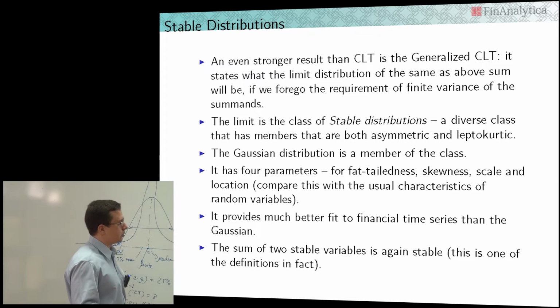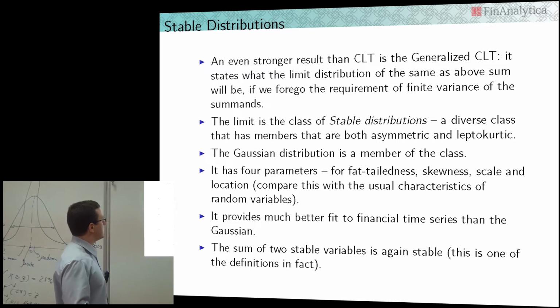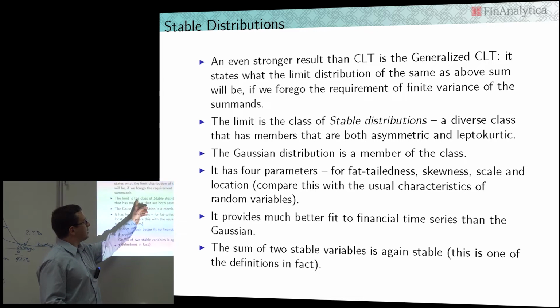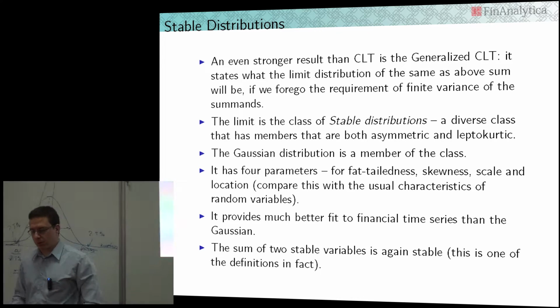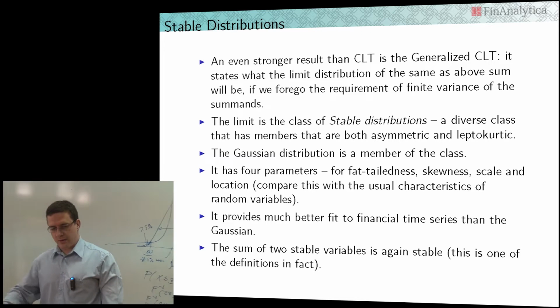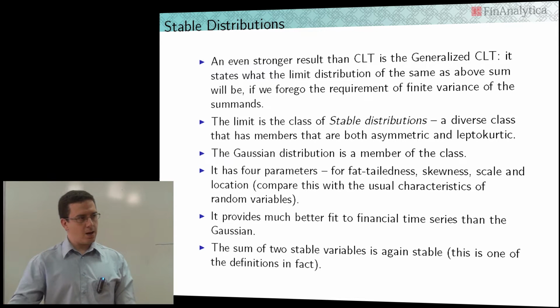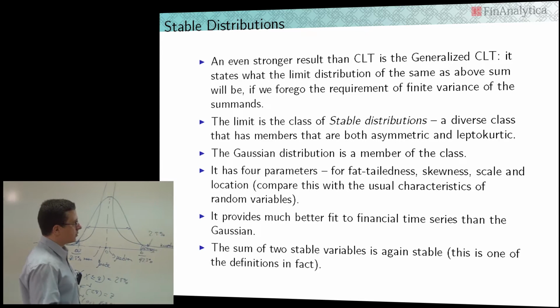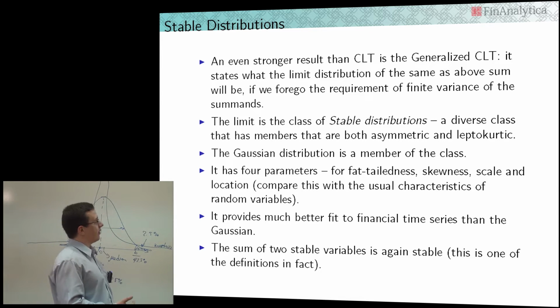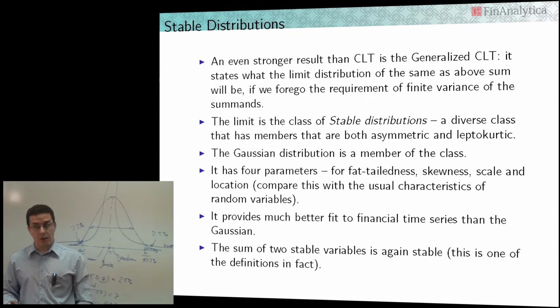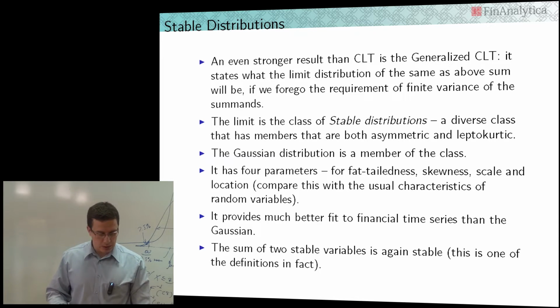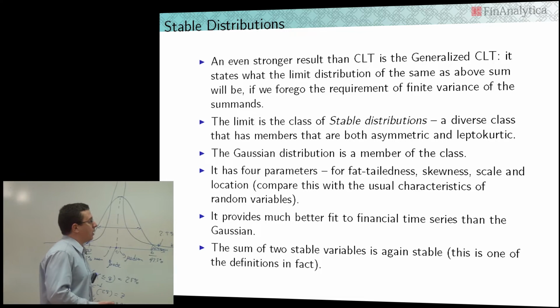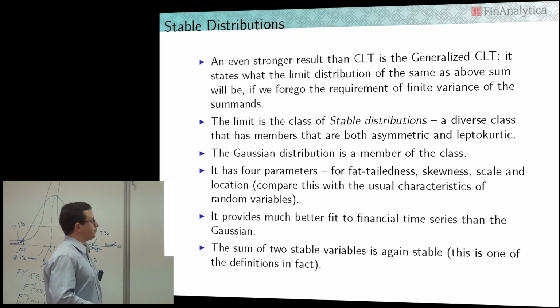Rather, a large naming convention exists, but the limits of the infinite sums are stable distributions. So there exists a distribution that will take care of summands even without finite variance. And these turned out to be quite nice for all kinds of financial data.